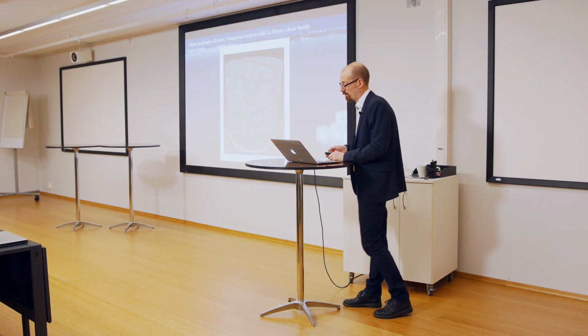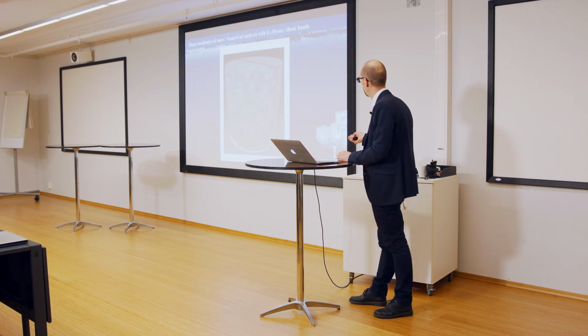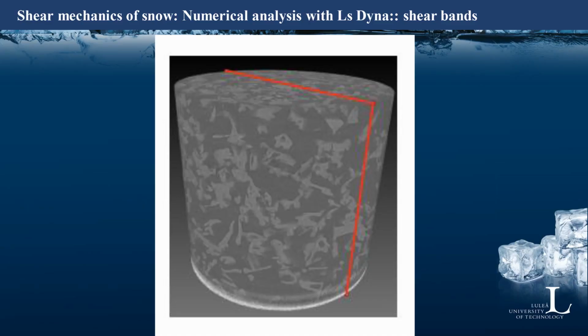Then we are, of course, continuing our modeling of this snow as we have the microtomography system. All the measurements we are doing outside, we are trying to take into and test in the microtomography system, which is an X-ray system, and the brighter spots here are the snow, different snow particles.